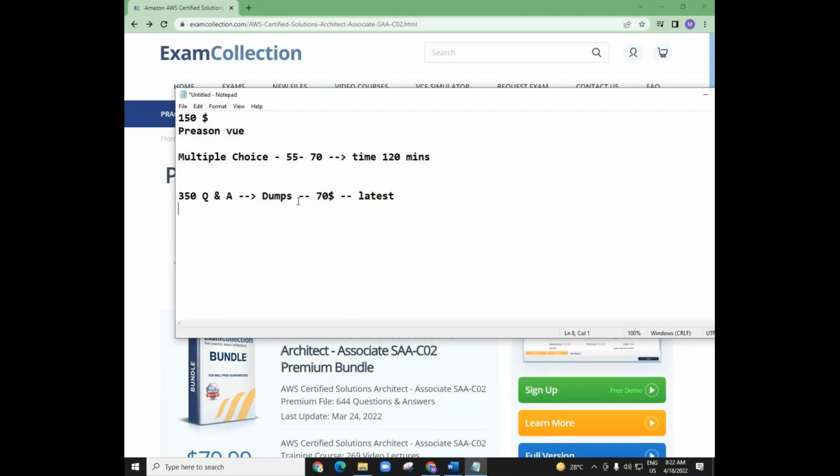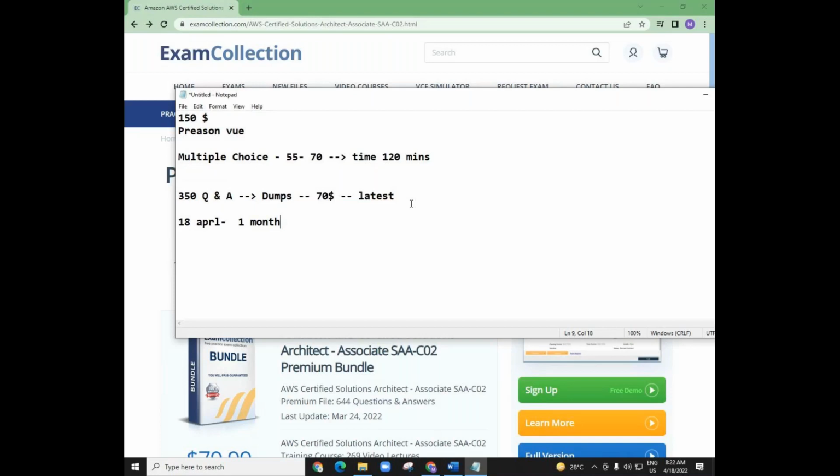Then these dumps are outdated. The dumps you purchased today, 18th April, are valid for the next 1 month. Within 1 month, we need to attempt the examination. This is a condition.